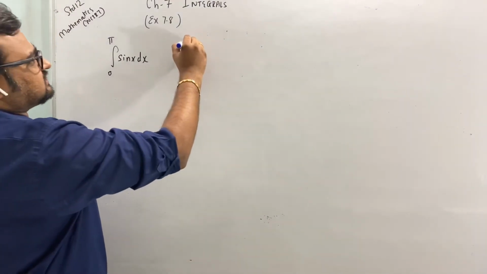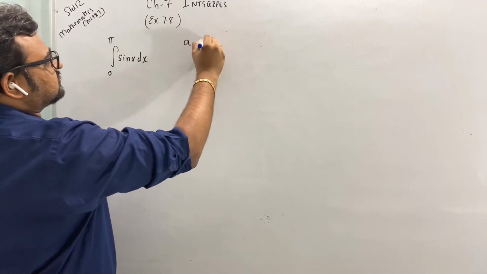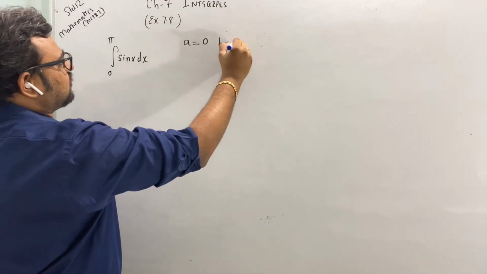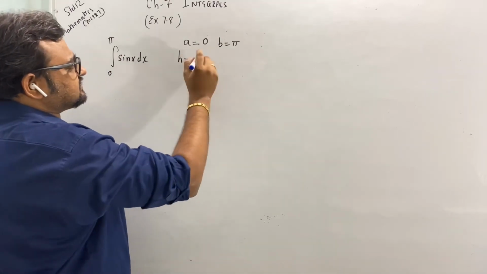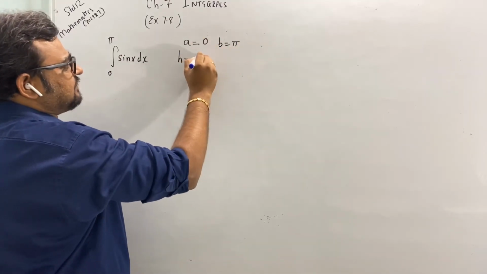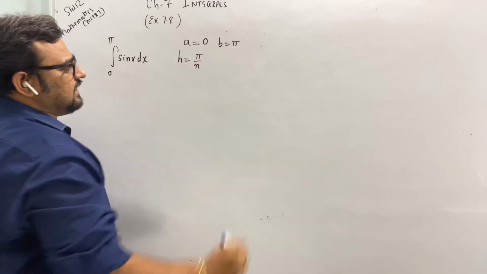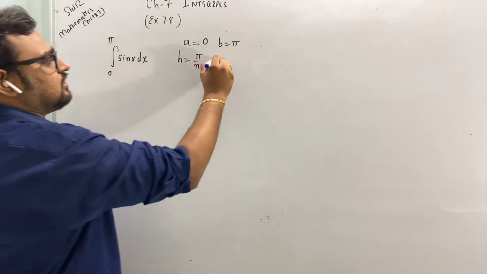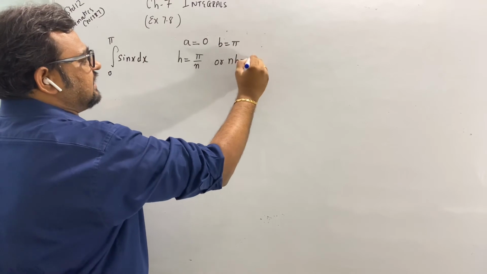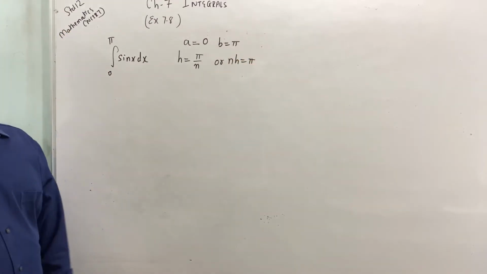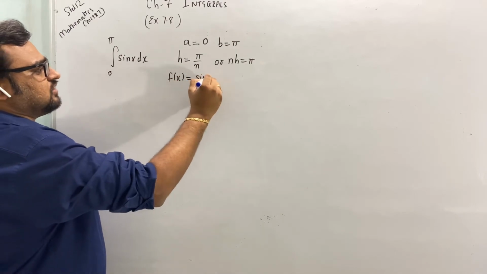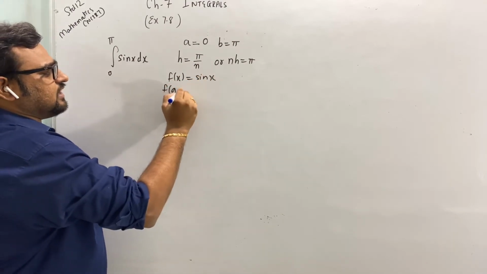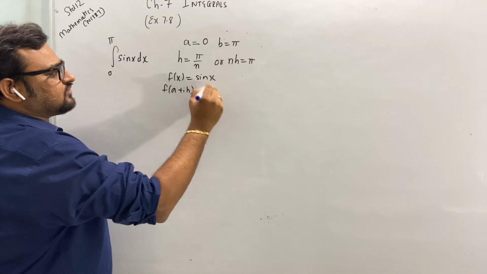Okay, so now a is equal to 0, b is equal to pi. h is equal to b minus a, pi minus 0 by n, or nh is equal to pi. A function f of x is equal to sin x, f of a plus ih is equal to, what is a? 0.